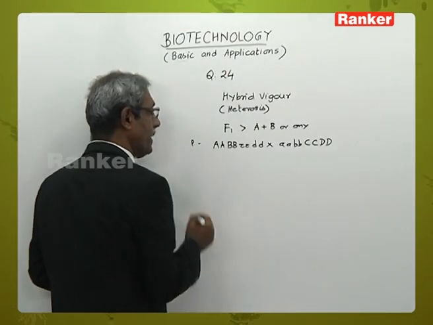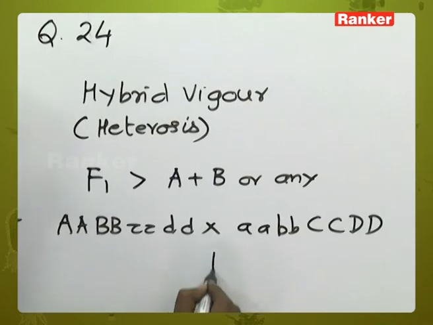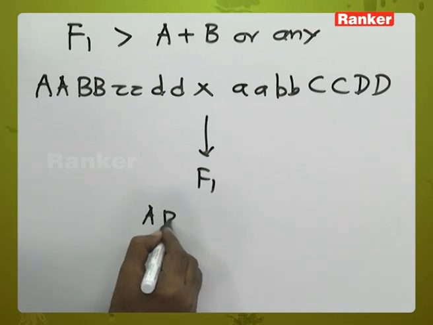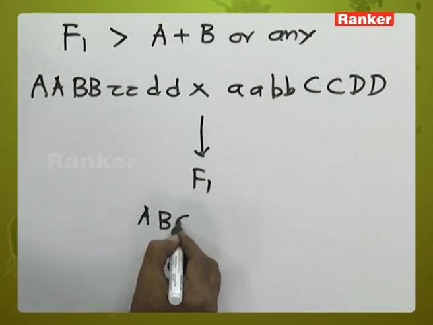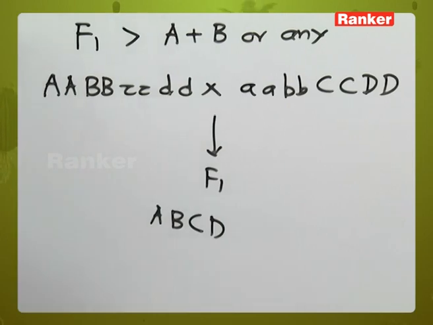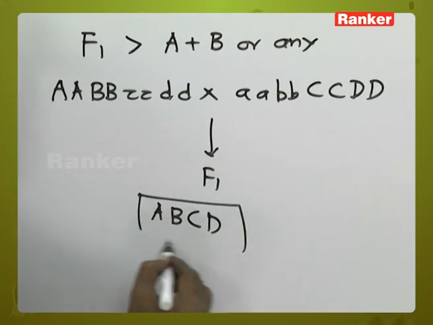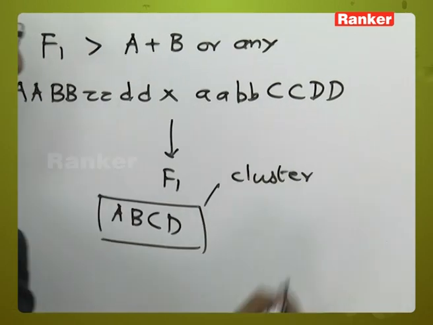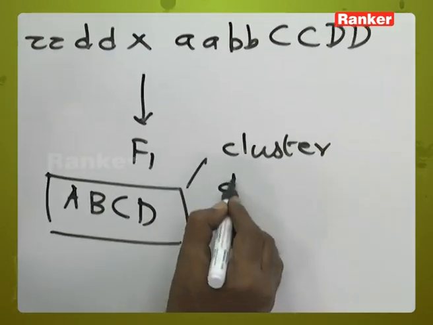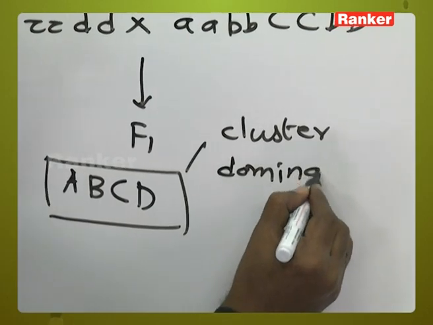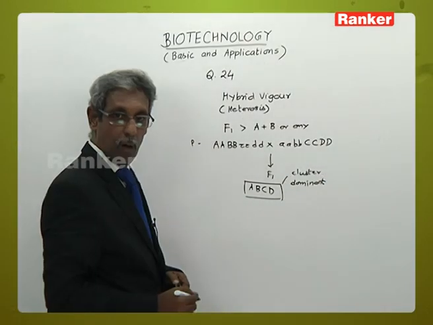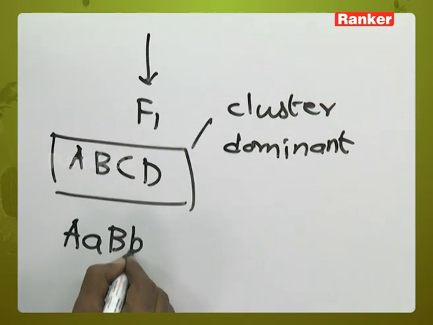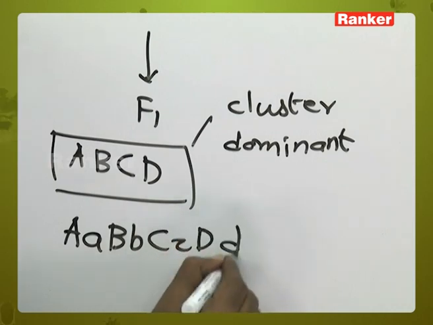These are the parental lines. Now, in the F1, we have a capital A, capital B from here, and again a capital C and a capital D from here. So, A, B, C and D indicate the cluster of dominant genes, along with the recessive.